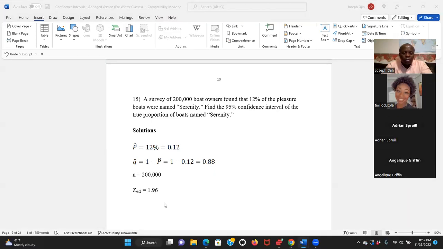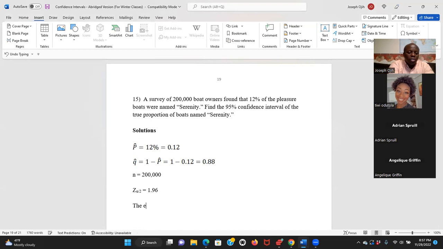Now let's go and get our error. The error margin E is, now we can go and estimate it.